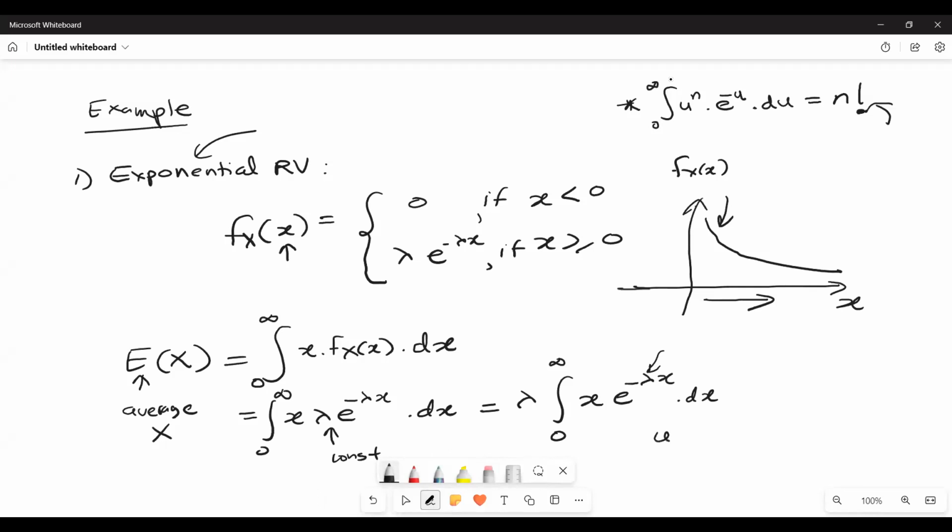So I will substitute u equals lambda x in order to get the same behavior that I have in here.